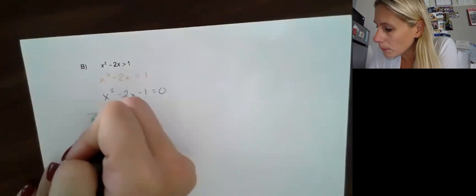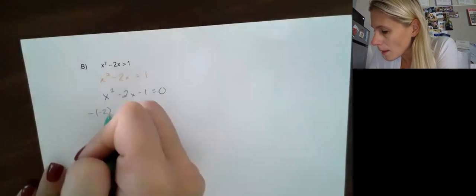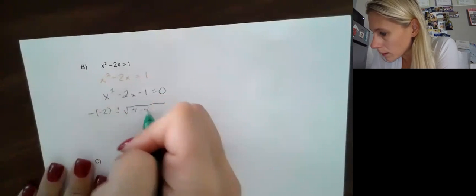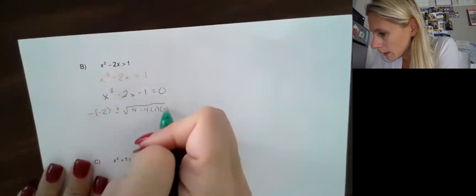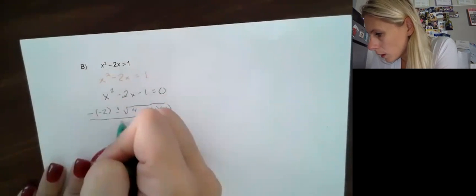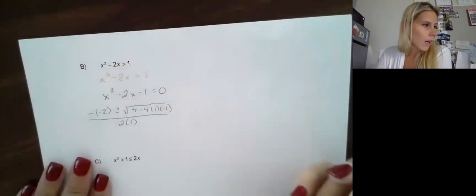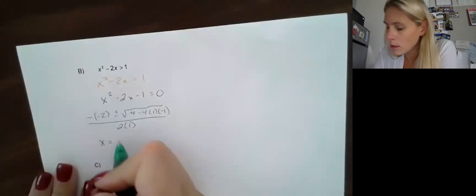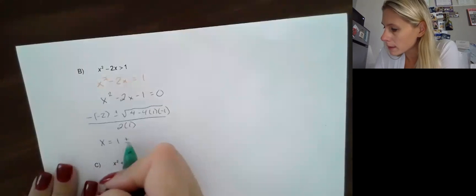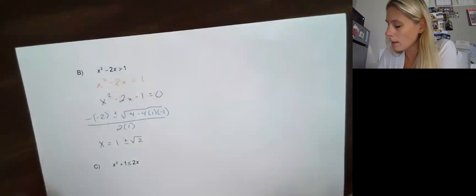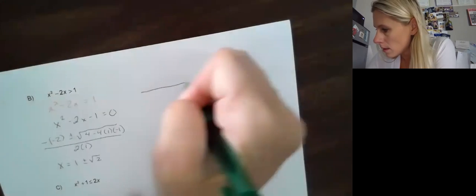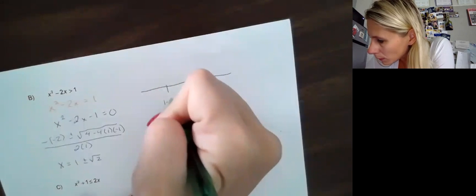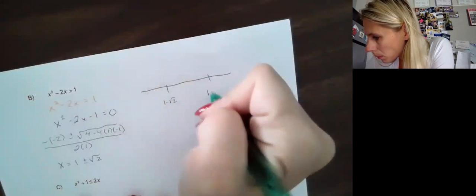So -b plus or minus the square root of b squared minus 4 times a times c all over 2a. All right, I'm going to do this quickly, guys. When you simplify this, we get x equals 1 plus or minus the square root of 2. Okay, so on my sign ray, I'm going to have 1 minus the square root of 2 and 1 plus the square root of 2.